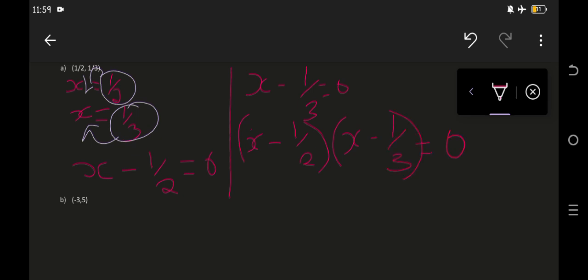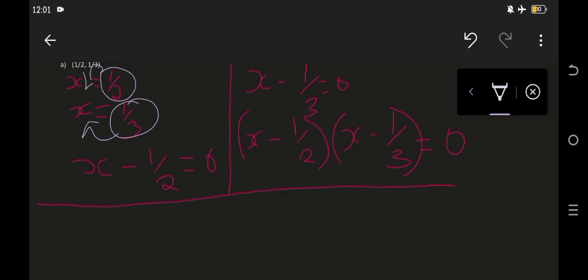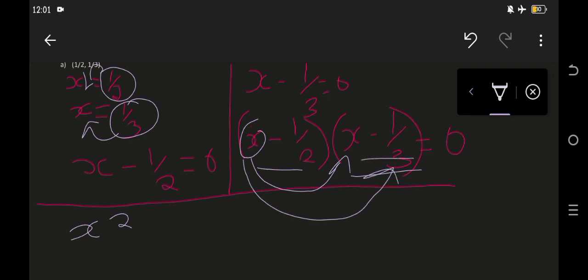Let us proceed. You will multiply this expression by this expression, and first we start with x. X multiplied by x will give us x squared, and then x multiplied by negative 1 over 3 will give us minus 1 over 3 x.